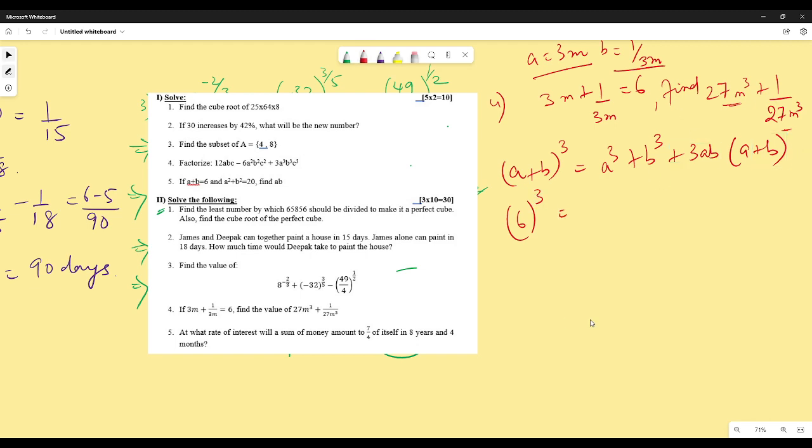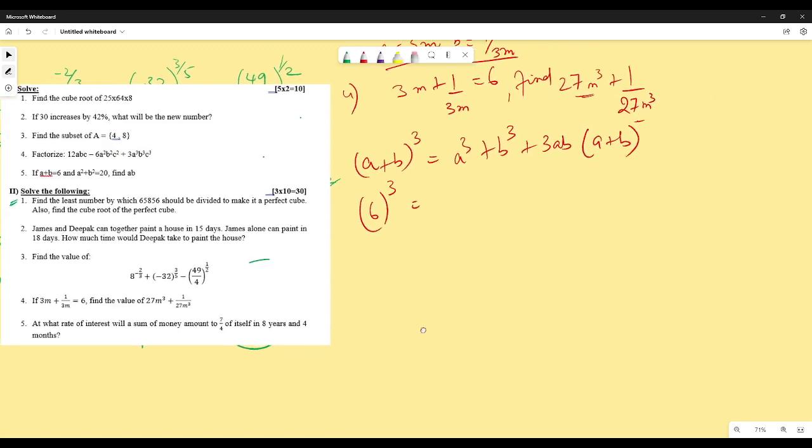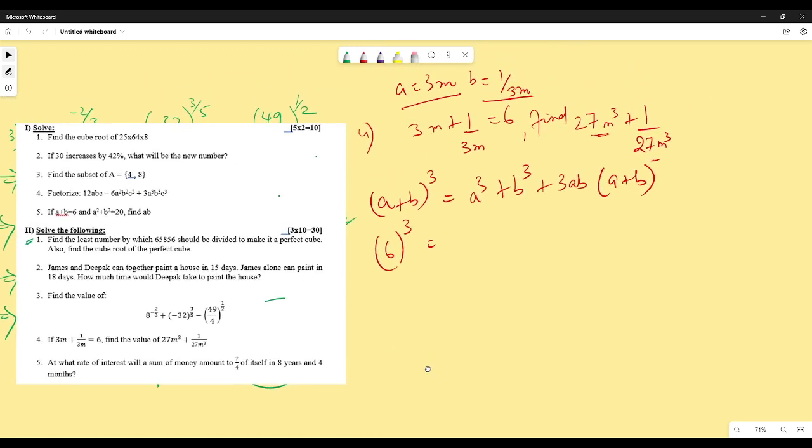So we write it over here as 6 cube. Let me shift it a little bit to the left side so that I get more space. Okay, so 6 cube. Over here, a cube plus b cube will be 27m cube plus 1 by 27m cube. Why?